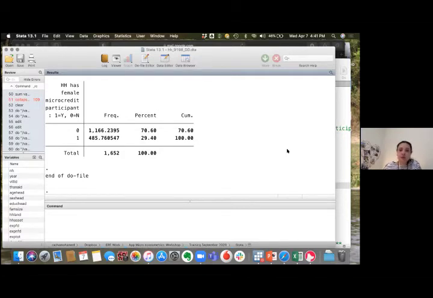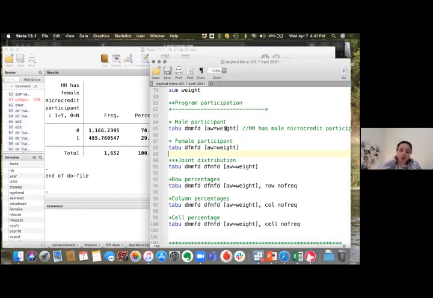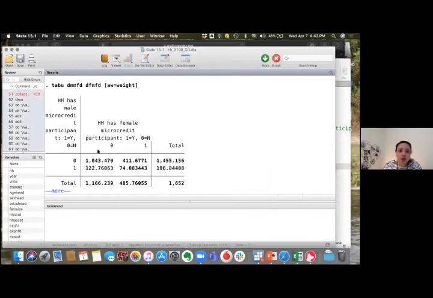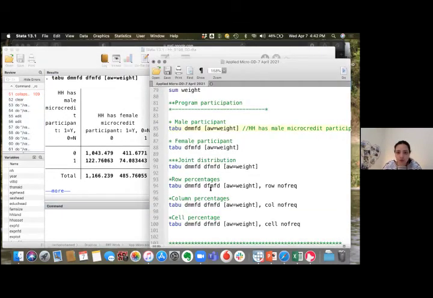So in this case, I would say 29% of my sample has female participants. Weights are used a lot in STATA, as we saw also with the PSM, in a lot of commands to be able to generalize your results at the population level and not only specific to your sample. So if I use the interaction between both, let me use this one.